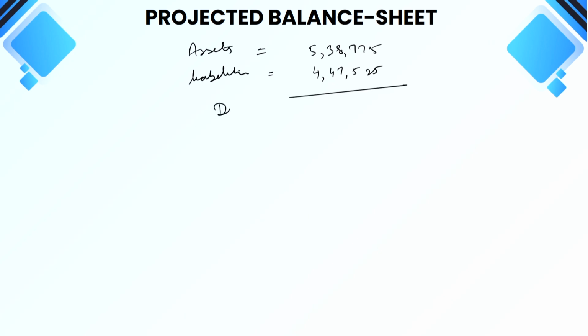We can see the difference of rupees 91,250. This excess amount can be assumed to be financed through the issue of new debt or the retained earning or the equity, but nothing is mentioned in the question, so we can assume it as a part of projected profit and loss.